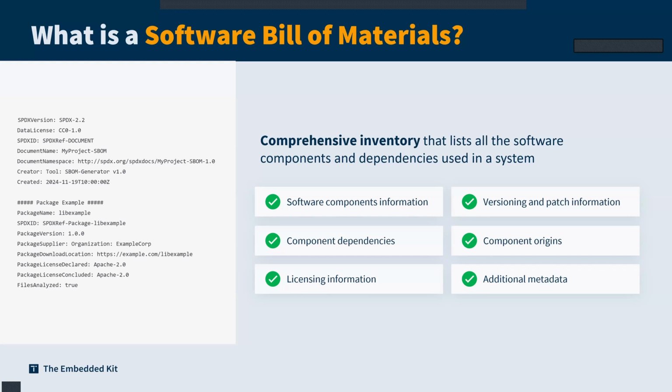The basics is versioning, what version of your software is included, what exact version of your system is included, all the dependencies between components, and where the components come from. We also find a lot of information about licensing, which is a key topic. Then you can find a lot of different types of additional metadata, depending on the tool that is used to generate this software bill of materials.